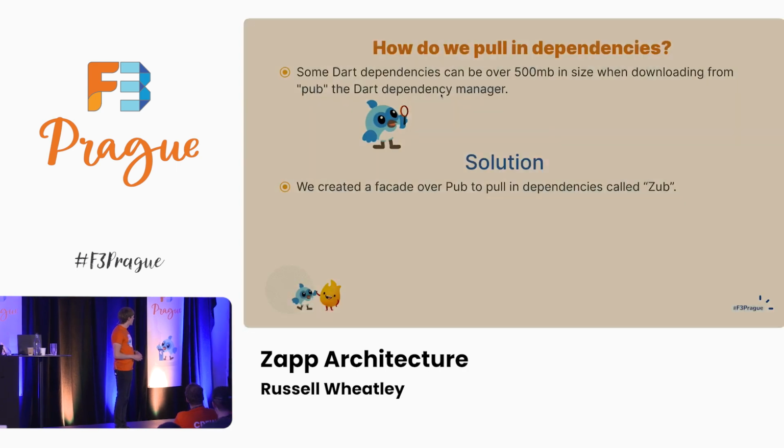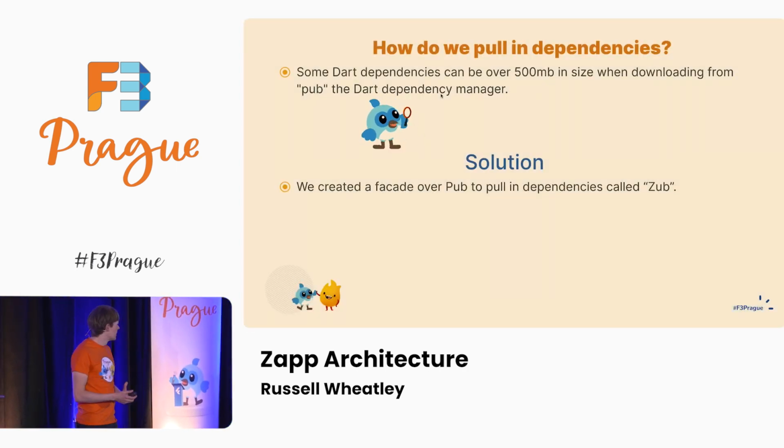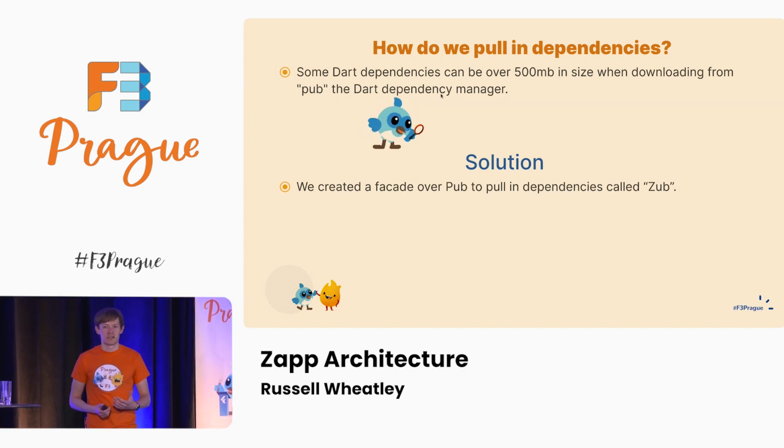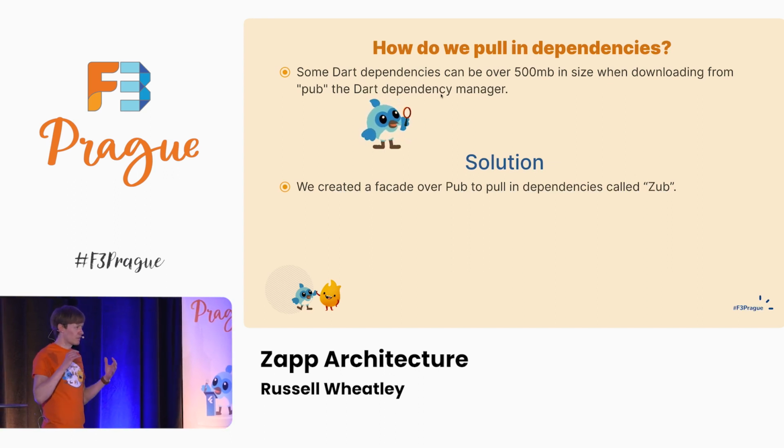Okay, and one final thing I'd like to show you about some of the architectural implementation is the dependencies. So if you've ever had a look at some of the dependency sizes rather, they can be rather large.